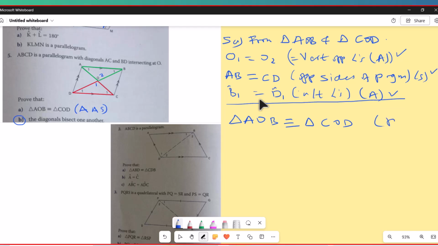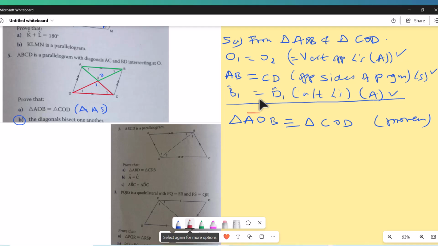Reason, it is proven. We just proved it now, all together. But now what do we observe from here? It means that our side AO equals which side? CO, sir. Yeah, side CO.